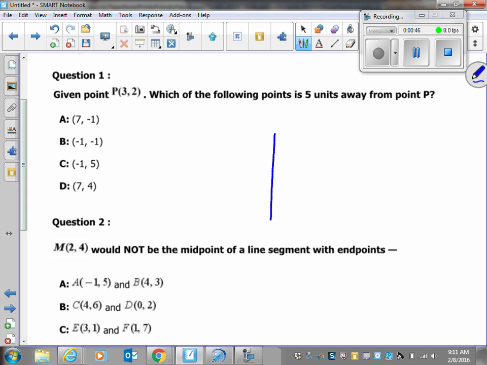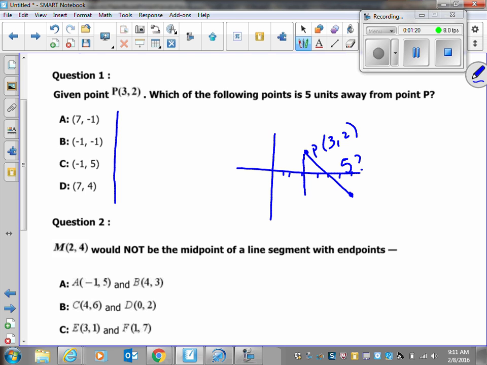If you have a graph and (3, 2) is here, they want to know which point out of the choices is 5 units away. If you take (7, -1), so this is 1, 2, 3, 4, 5, 6, 7, and -1, is the distance from here to here going to be 5? That's the question they're asking.